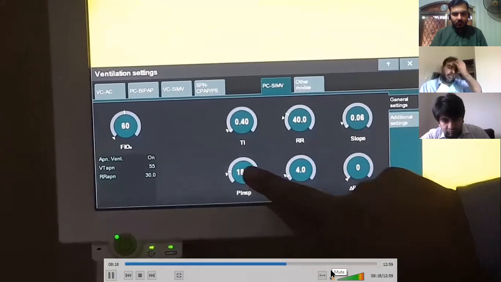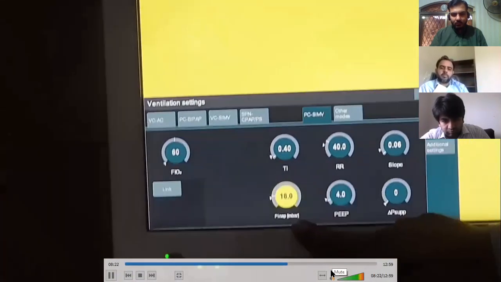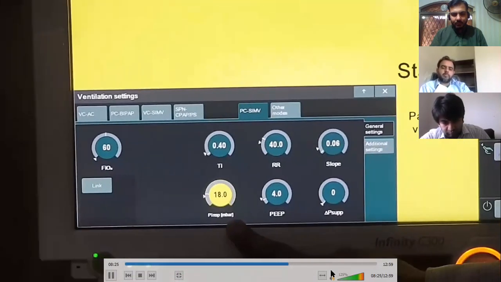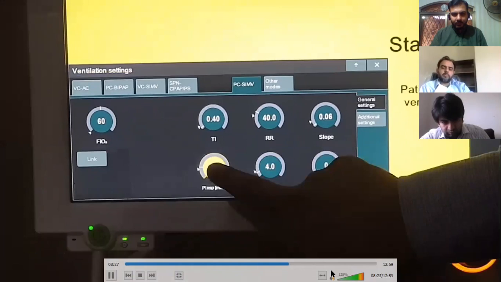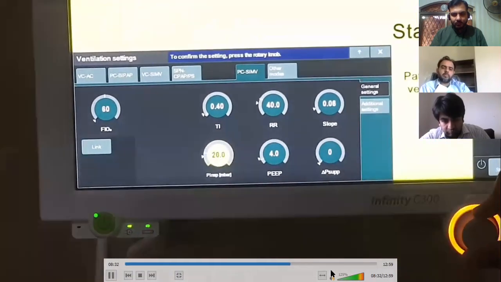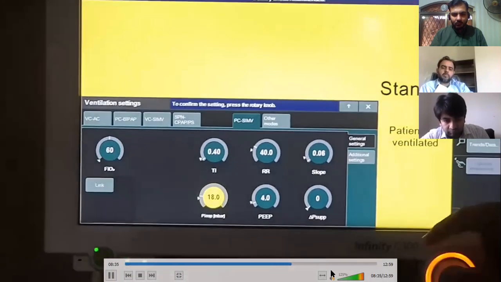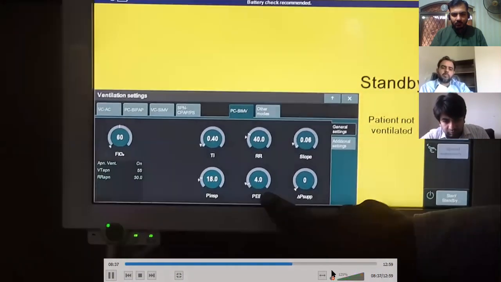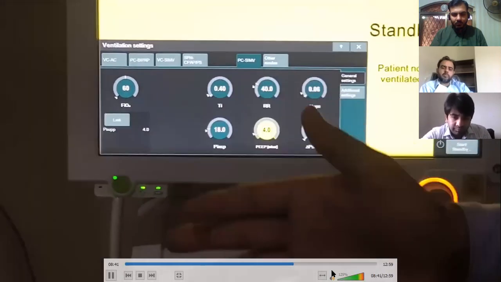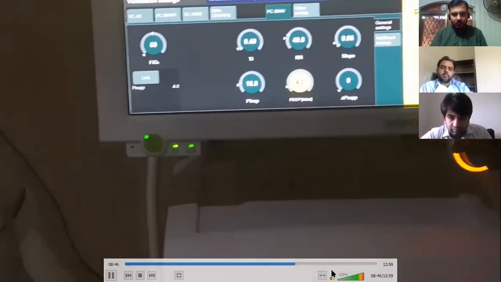The peak inspiratory pressure usually in a term infant is from 18 to 20, and we can click on this and then adjust it with this knob. And the other is positive end-expiratory pressure, which usually varies from 4 to 6, and we can also change this from this knob.